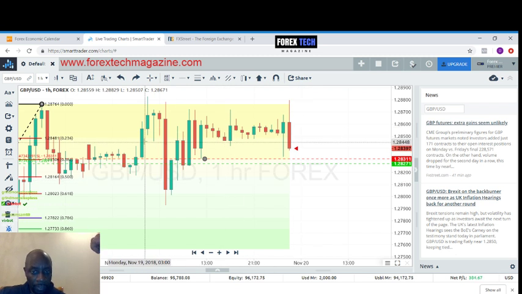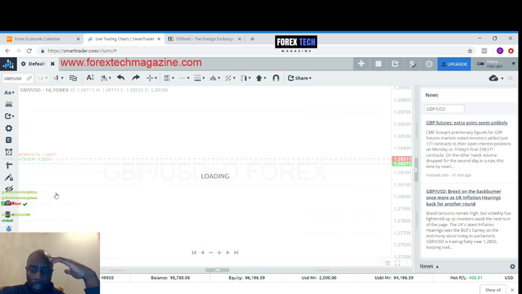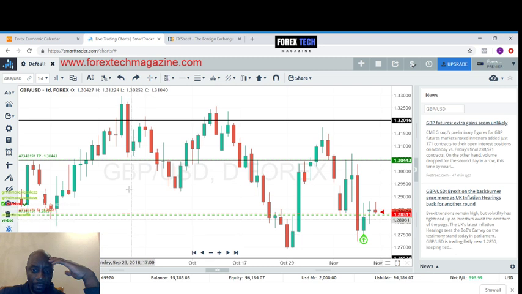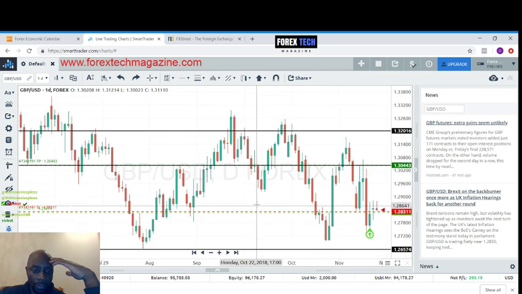But anyway, looking at this US dollar trade here, let's pull it up on the daily chart. All right, so why did we get into this in the first place? Let's look at our support and resistance levels. You'll see right here we have minor and major support and resistance levels, right? Major support, major resistance.